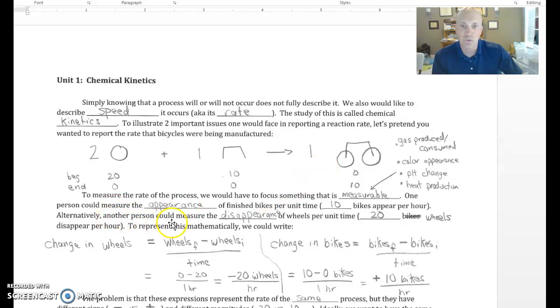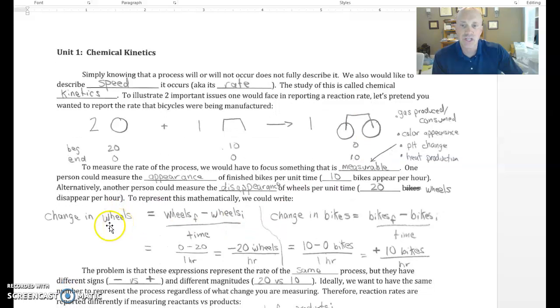I mentioned appearance or disappearance. What we would actually be doing is measuring the rate of the change in the amounts of these things over time. So remember what change is. Change is always measured as however much you have in the end, final, minus however much you had in the beginning, initial.